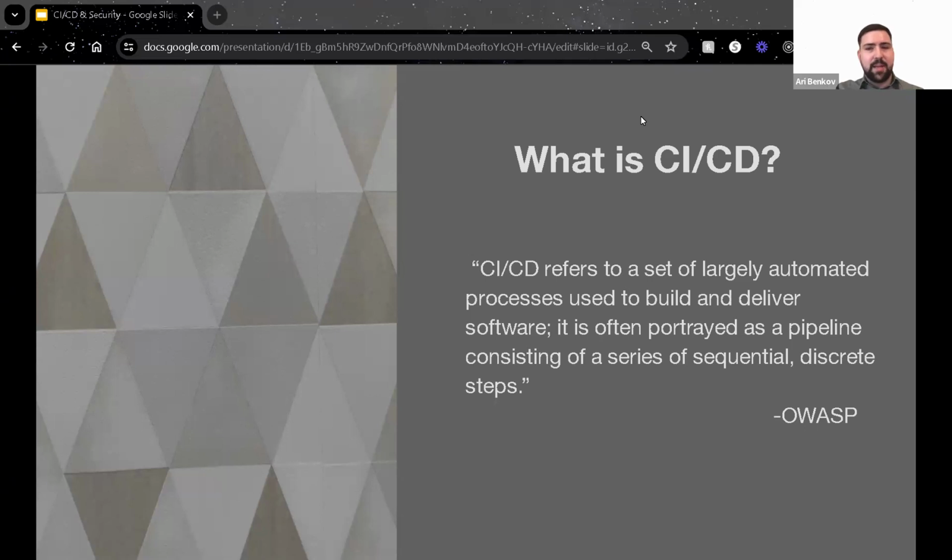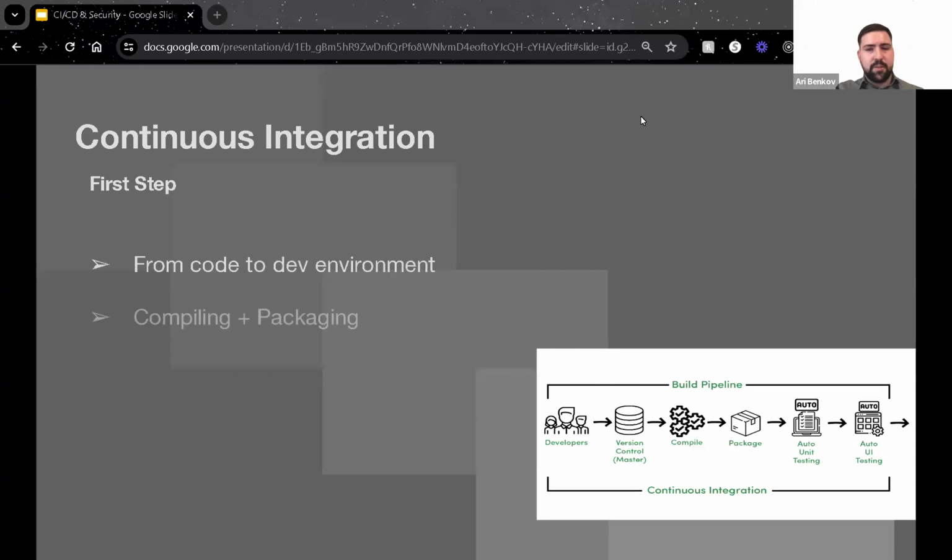As the acronym implies, this pipeline can be split into two halves. The first, continuous integration, refers to a process of developers pushing their changes to a shared repository, often on a daily basis. The team's software will then automatically compile, package, and test the pushed code. This includes smaller tests, such as unit testing, which tests individual functions, and front-end or user interface tests.